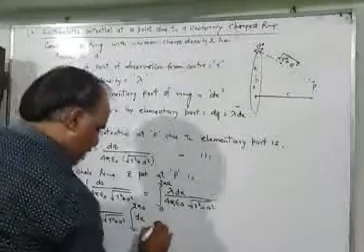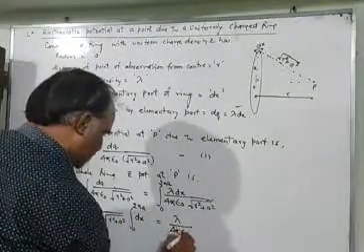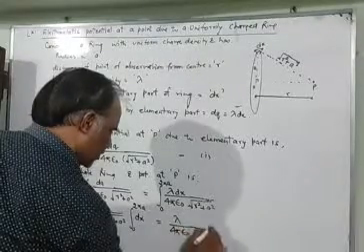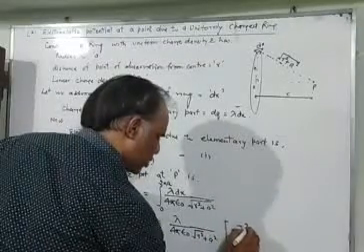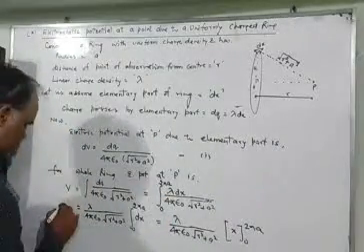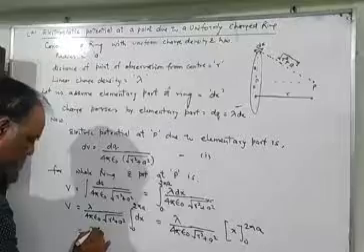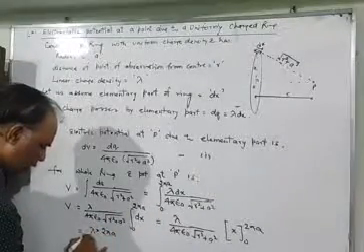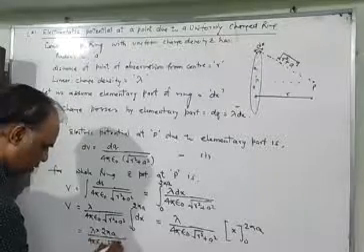And after integration we can get lambda upon 4 pi epsilon naught square root of r square plus a square, 0 to 2 pi a, or using the limits we can get V is equal to lambda into 2 pi a upon 4 pi epsilon naught square root of r square plus a square.